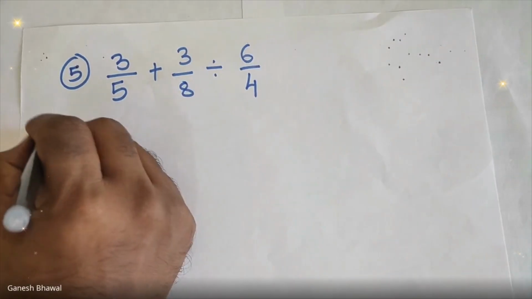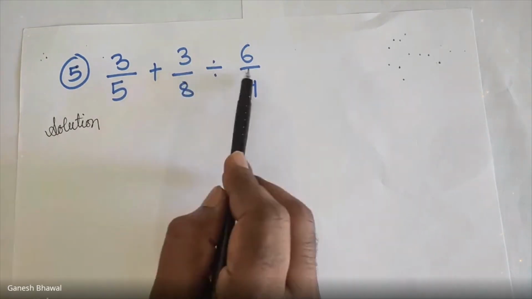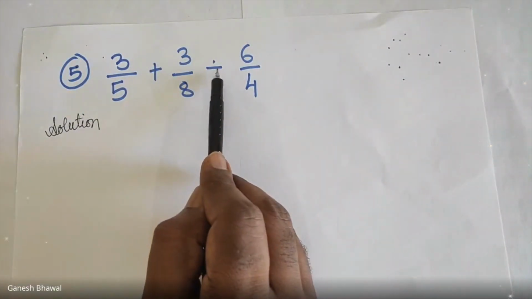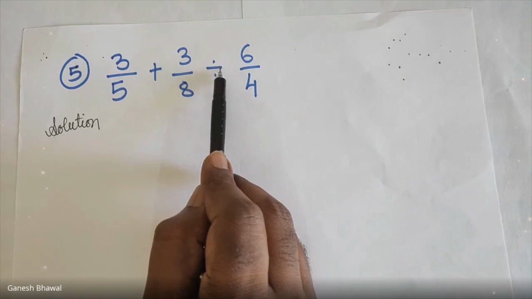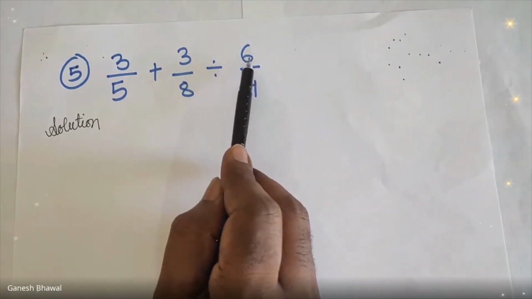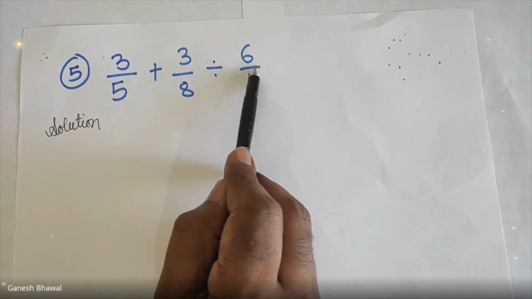Write down the solution. We have learned that division of these rational numbers means we have to use two steps, two rules. In the first step, we have to convert this division sign into multiplication sign, and we have to take the reciprocal or multiplicative inverse of this fraction.